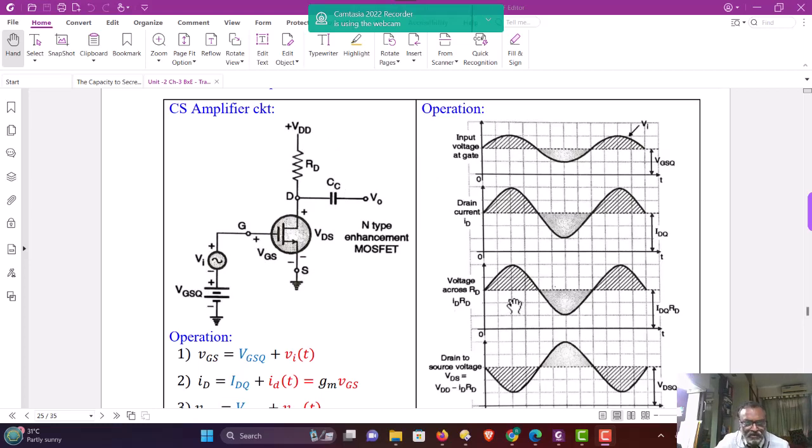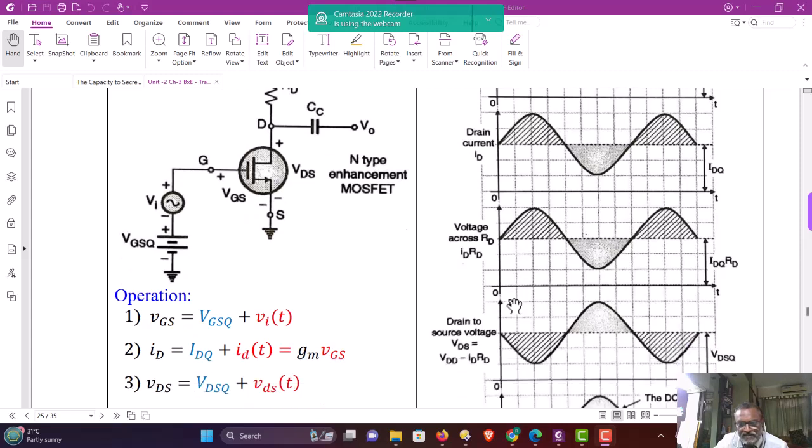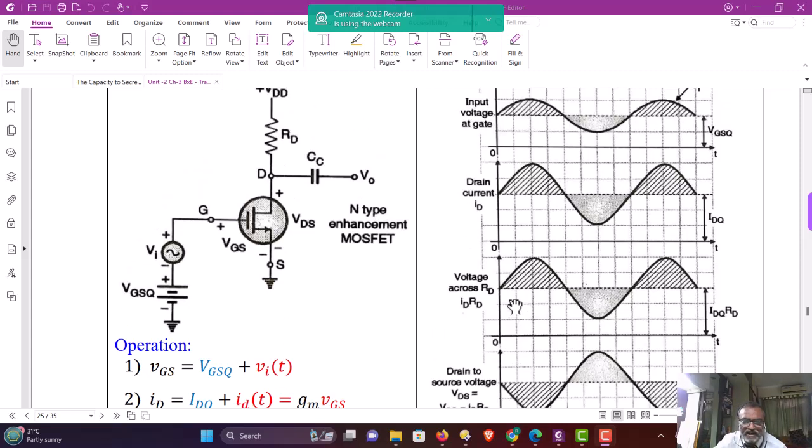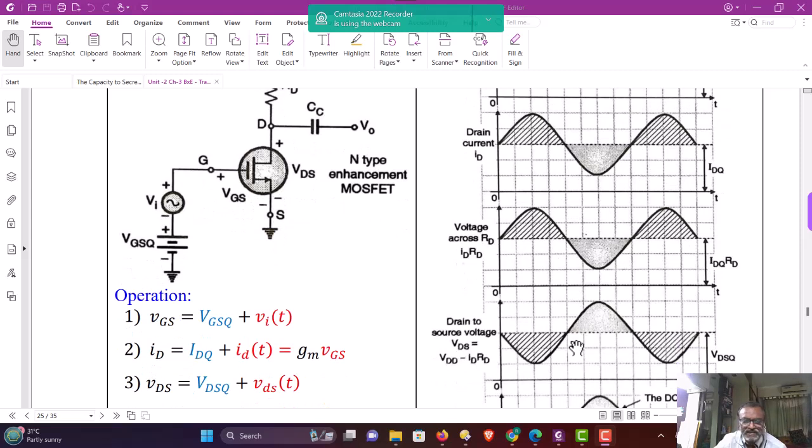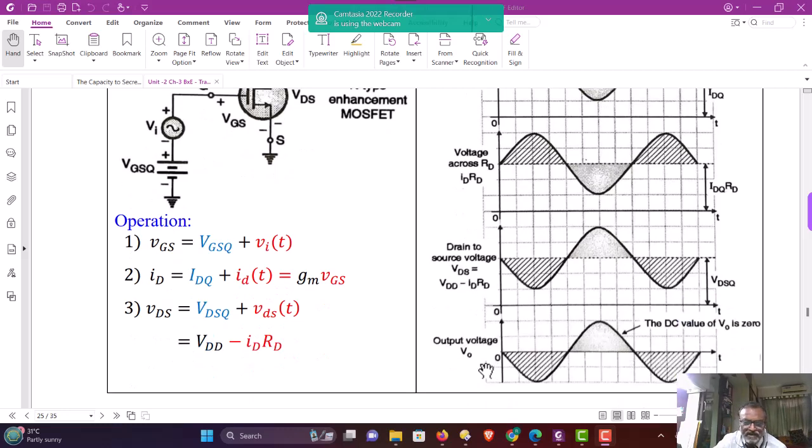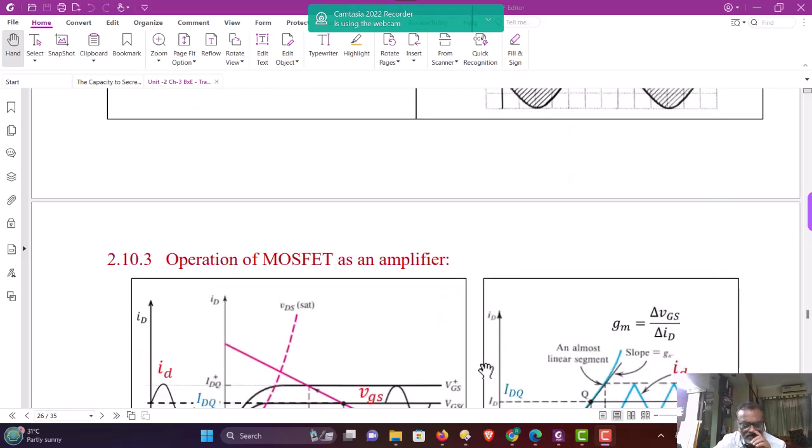This way the common source amplifier provides a 180 degree phase shift. Also, we have to summarize here that the drain current as well as the drain to source voltage are changing around the corresponding quiescent DC levels of drain current and drain to source voltage.